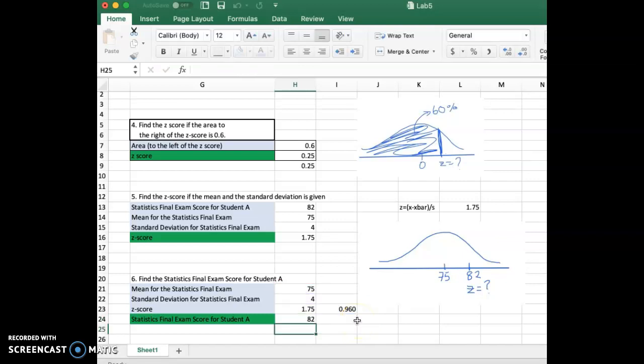When you hit enter, you get 82 for the score for student A. So we worked backward in order to find the data value.